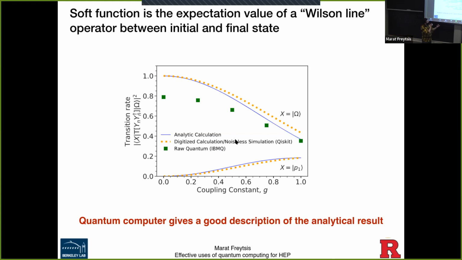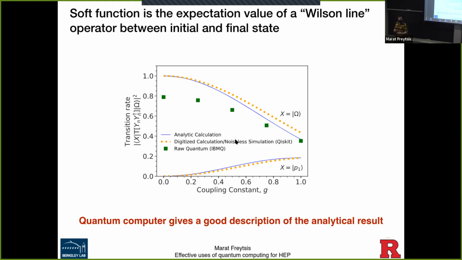But then what you have to realize is that there are all sorts of decoherence effects. These are very fragile quantum systems. Just in those few microseconds that it takes to run this circuit, you can see a pretty significant chance of the system just evolving to some unexpected state and giving you a different answer.